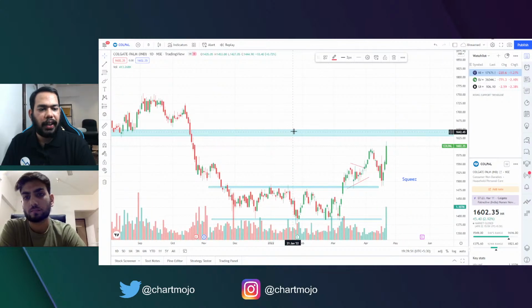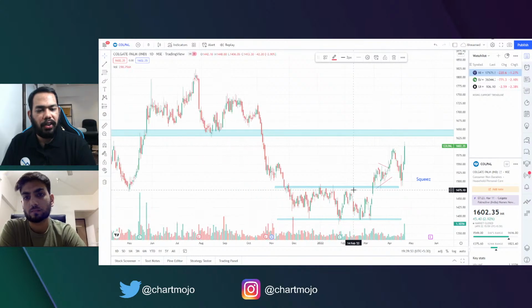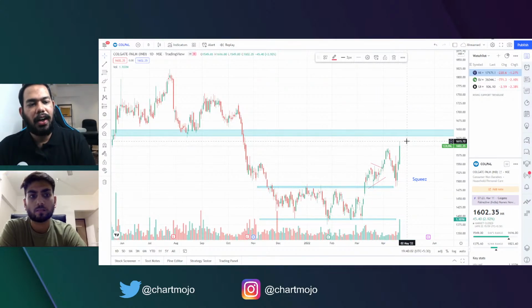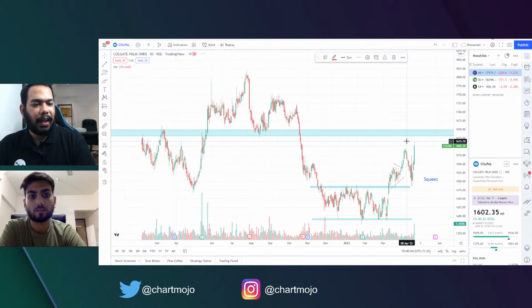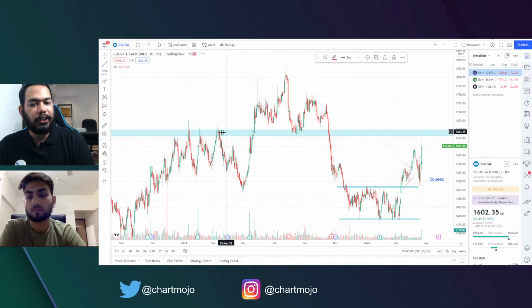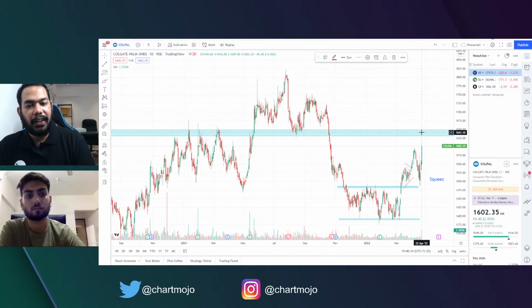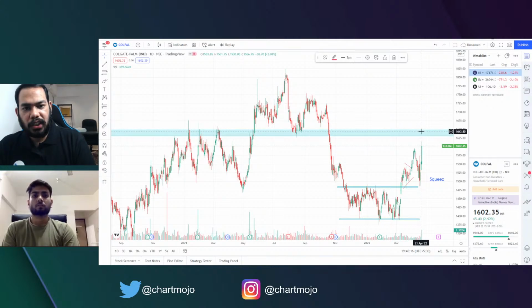So yeah, Colgate, as you can see, I think we have given it in our chart idea as well. We can see there was a breakout here, then it retested this level, and now again it is at this change of polarity level. This counter might see some profit booking at this zone, but if someone is holding, then continue to hold, because I don't think we will see any weak sign here.